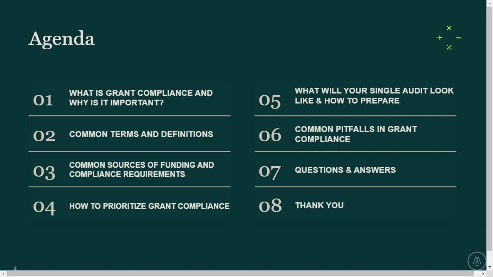We're going to cover common sources of funding and compliance requirements and how your organization can prioritize grant compliance. And at that point, I will pass it over to Claire, where we'll talk a little bit about what a single audit can look like and how you prepare for that, common pitfalls within a single audit and grant compliance, and then we'll go over some questions and, of course, say thank you all for being here and spending some time with us today.